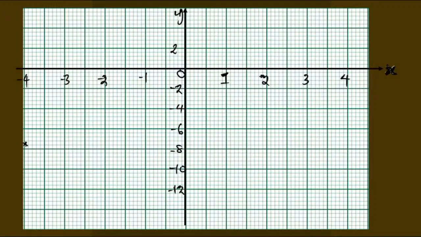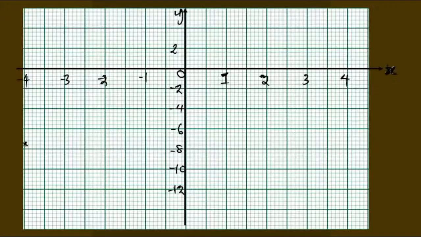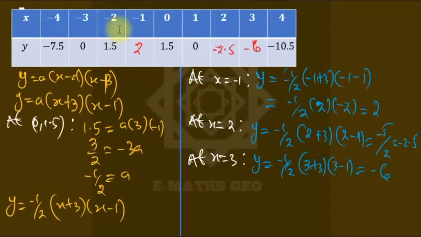For x equals minus 3, y is 0, so it's on the x-axis. The other one, minus 2, 1.5. Again, we're not seeing 1.5.